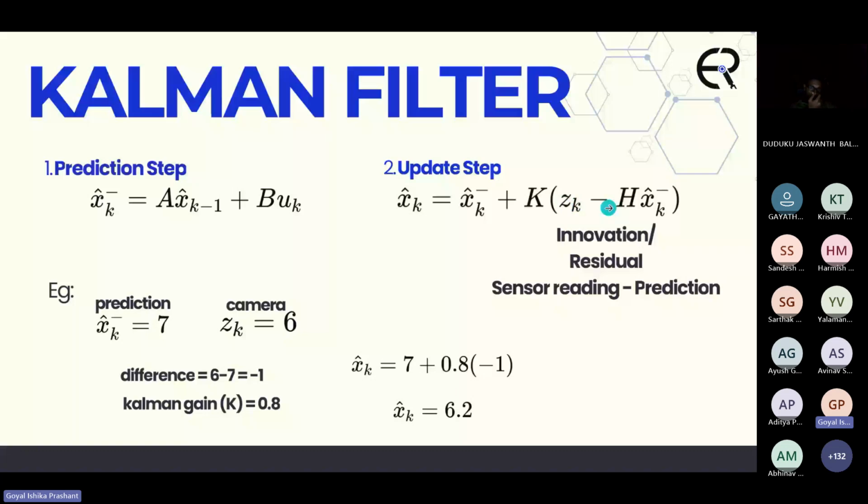This is using the prediction step, and again you scale it by some factor which is predetermined. So this removes whatever inaccuracy there was in the sensor reading and gives you an error term, which is then again scaled and added to the predicted step. Does that clear your doubt?